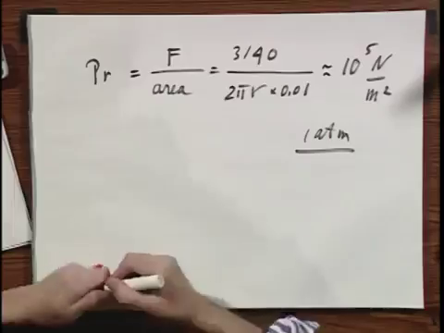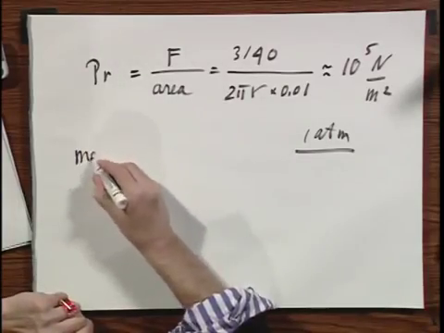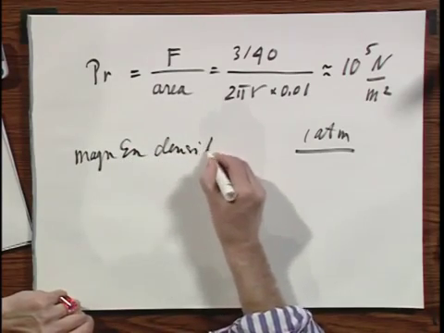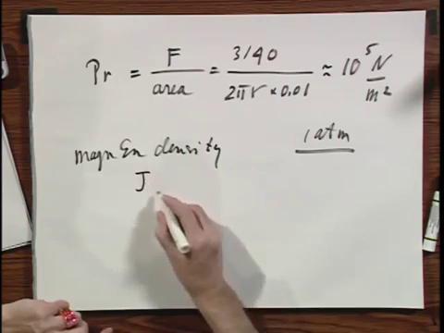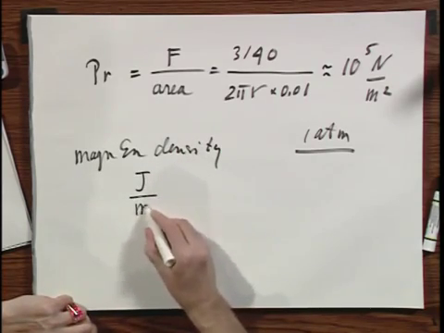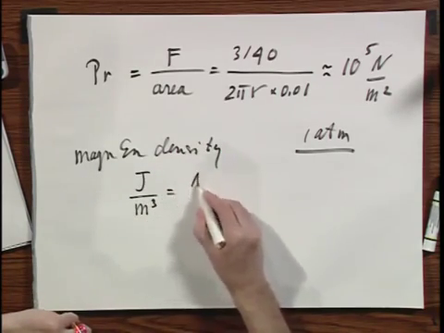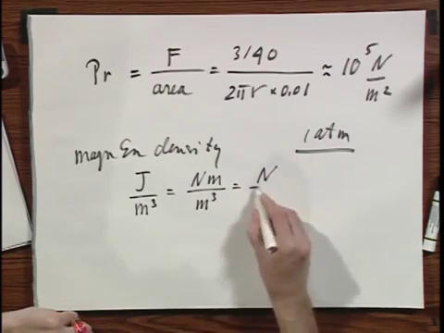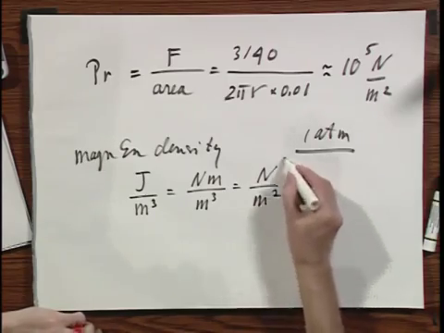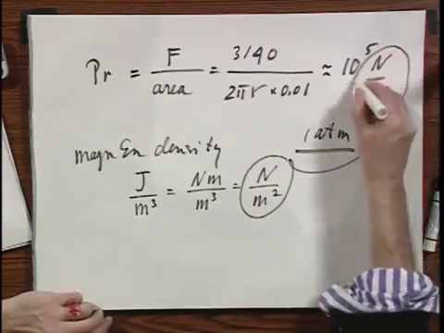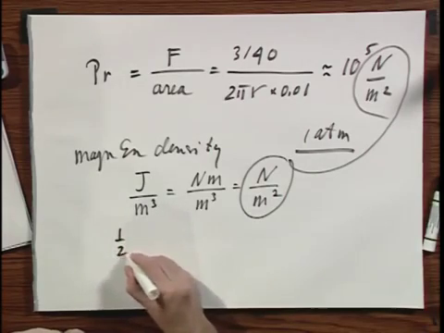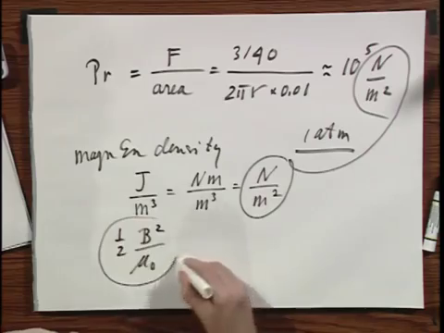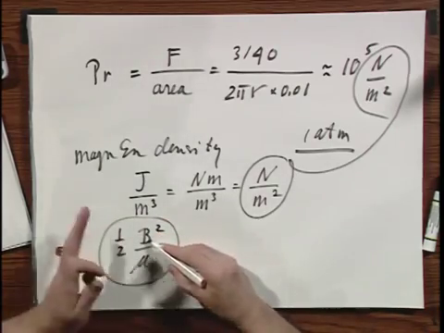And now you're being told that the magnetic energy density, which has as dimensions joules per cubic meter, a joule is a newton meter, so joules per cubic meter is also newtons per square meter, has the same dimension as pressure. And if you do calculate 1/2 B squared divided by mu 0, which in this case is easy, because B is constant in the solenoid.